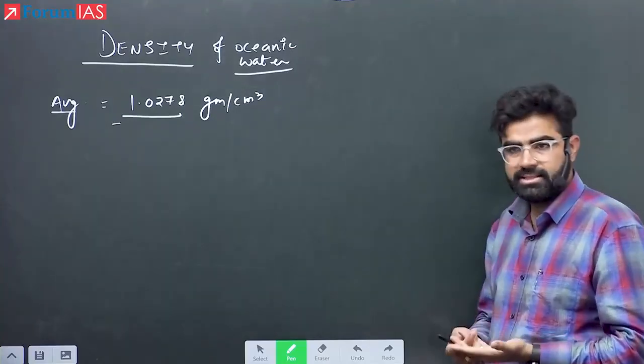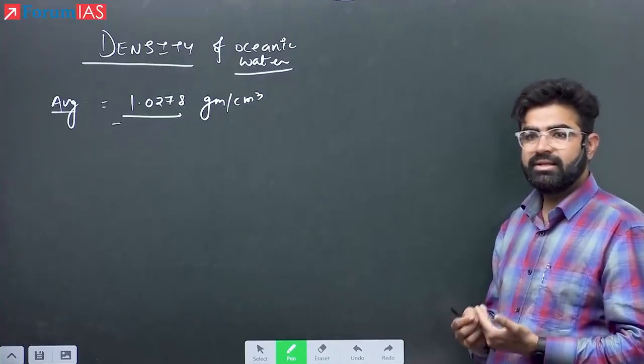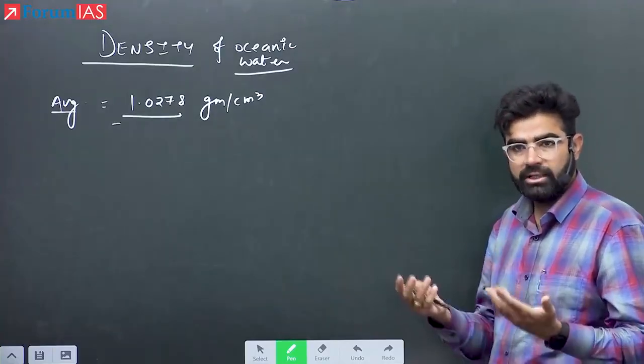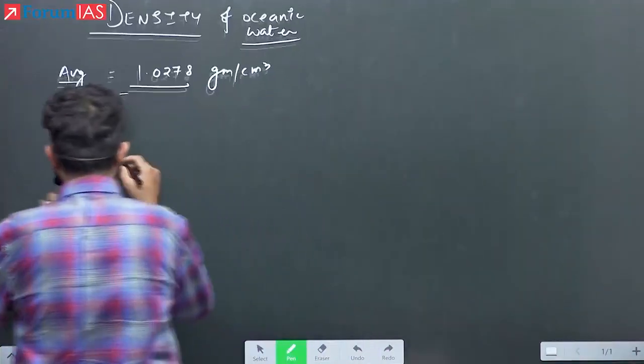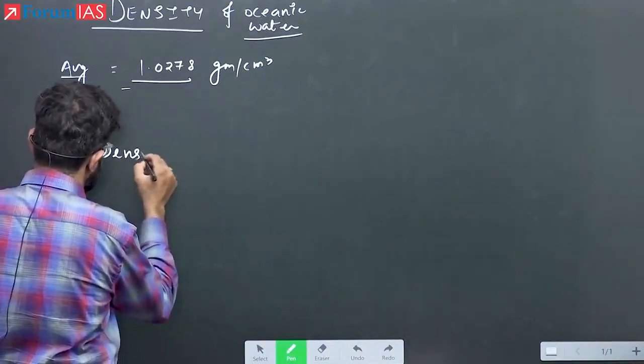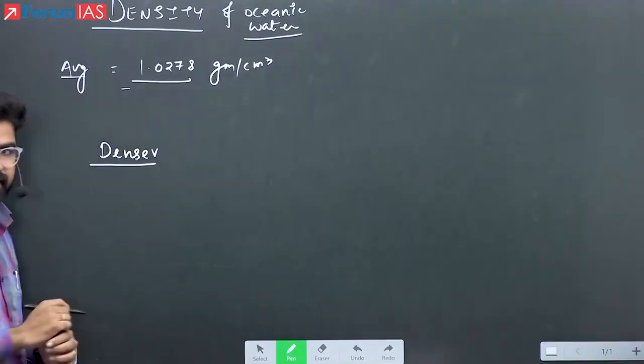Now, why is the density important? Because it is the density which will decide which waters will float and which waters will sink down. Now tell me, if it is the denser water, will it float or will it sink?